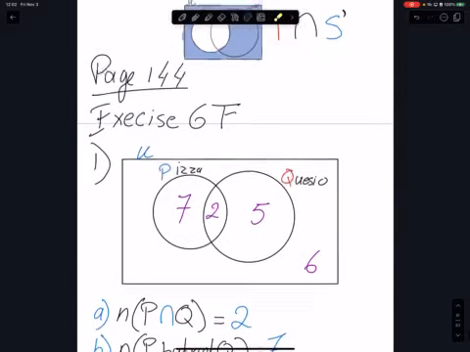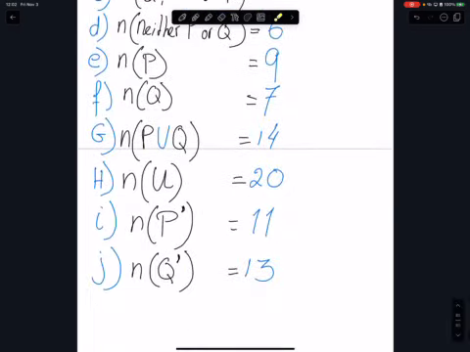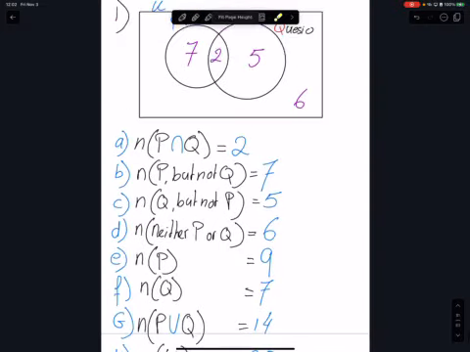And Q apostrophe. So everything not in Q. So 7 and this 6. 13. And that was it. Wow. This was so easy.